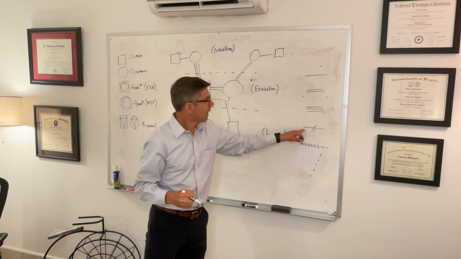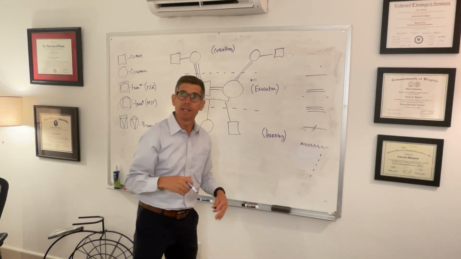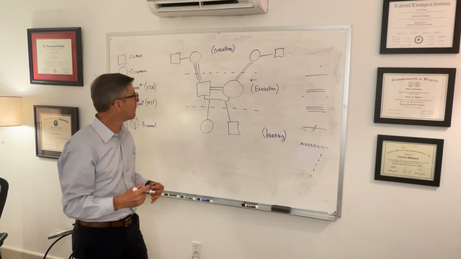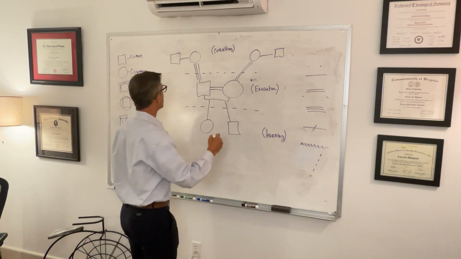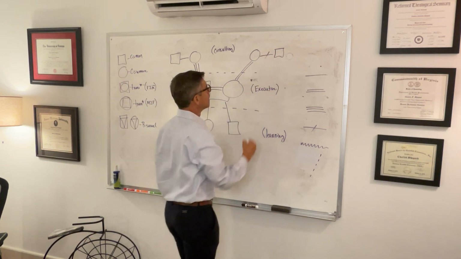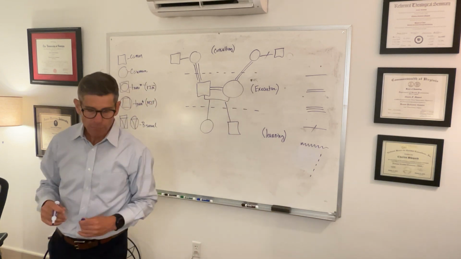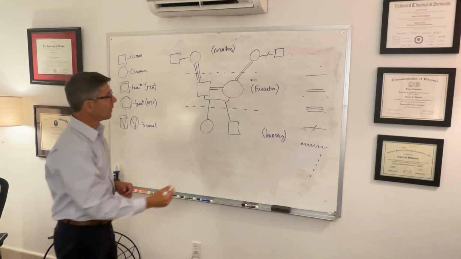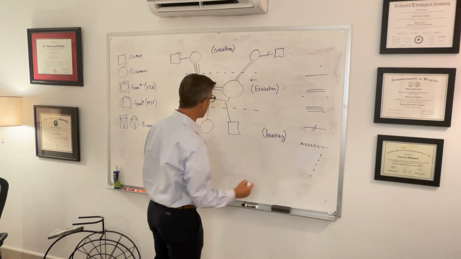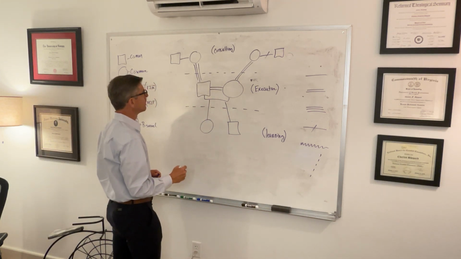A line with a slash through it indicates some type of broken relationship. Oftentimes if there's a divorce, so we'll say in this case, this set of grandparents has been divorced. Relatively common. When there is a squiggly line, it indicates conflict, right?